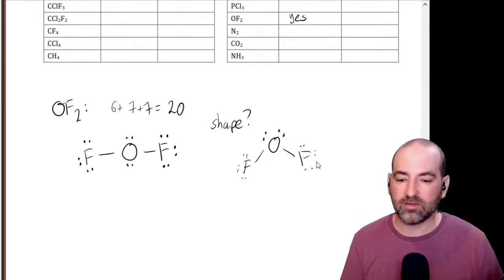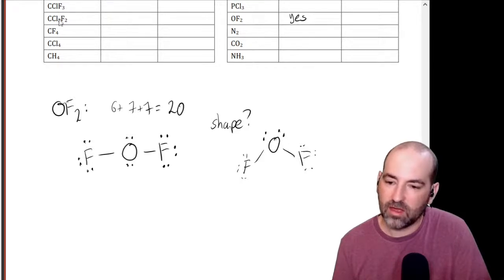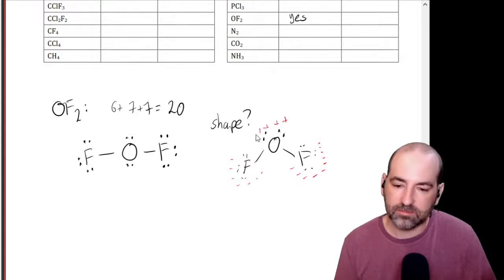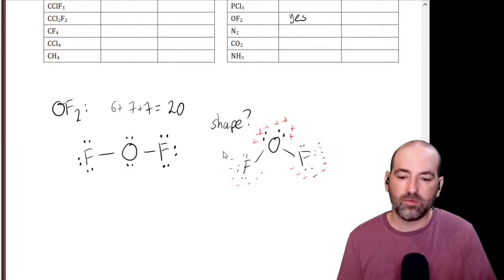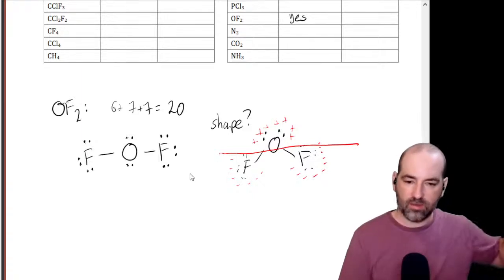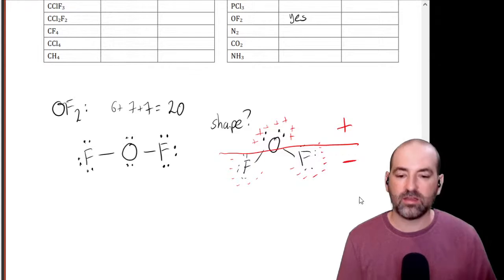So now that we have this kind of a shape, we can reevaluate our polarity, and we can say, all right, well, if we've got electrons being pulled toward the fluorines and away from the oxygen, then we have a really nice separation here, right? We can draw a line straight through the molecule, and we've got a positive side on top and a negative side underneath.